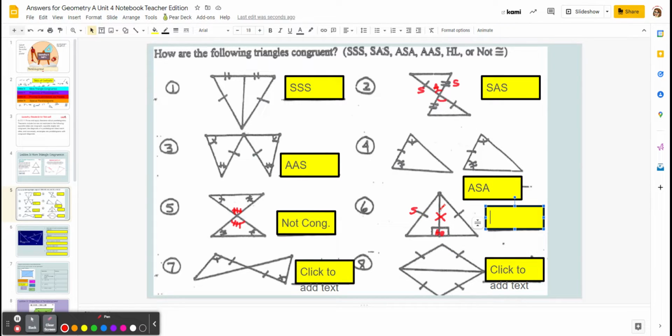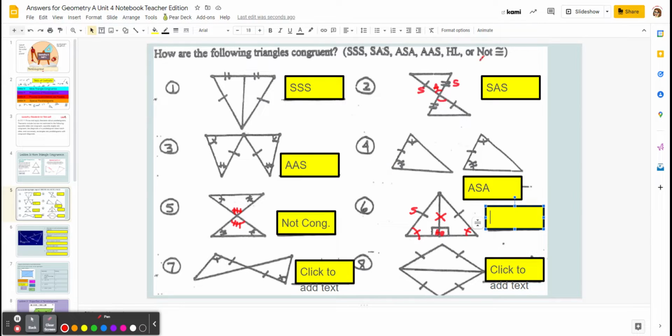So we would have a side, another side, and an angle. The angle is not between them, so it's not side, angle, side. We can't use that. But if you do notice, this whole triangle here is actually one big isosceles triangle. So we could say that the opposite angles from those isosceles sides, those base angles, are congruent to each other. And that would be enough to say angle, angle, side, using either side that we know.